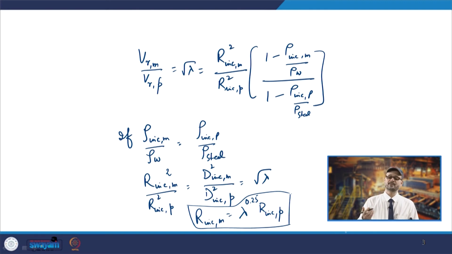So, that may be different. So, if rho inclusion of the model divided by rho of water is not same as rho inclusion of prototype divided by rho steel.